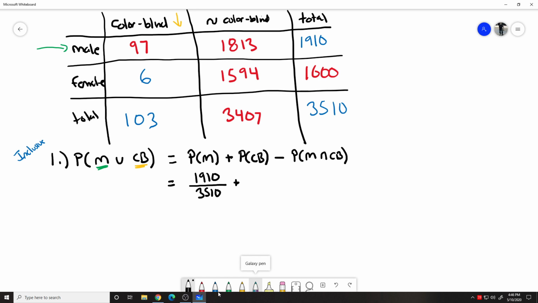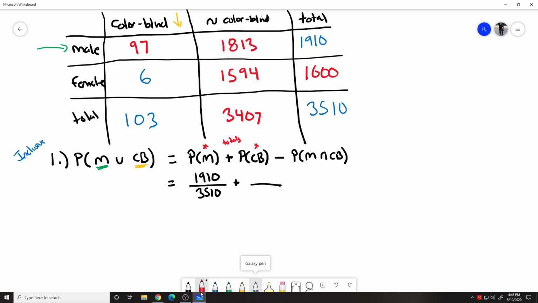Now, what's the probability of being colorblind? So what's my desired number of outcomes? Out of all the people, how many of them are colorblind? So when you're doing these steps, you're looking at totals. You're only looking at totals when you do these.